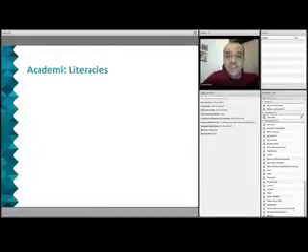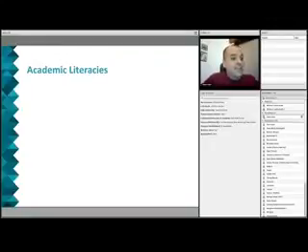So academic literacies. My first point here, and I'm sure you're all familiar with this, is about the concept of literacies rather than literacy. We understand this in a broader context, as all the tools that students need to be successful at university, more than just pure reading and writing.